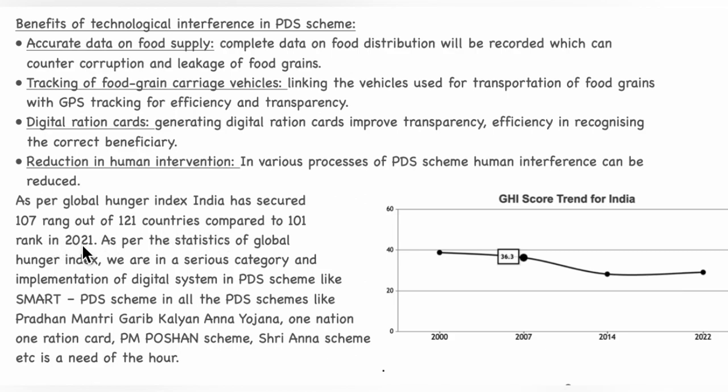So as per the statistics of the Global Hunger Index, we are in a serious category, and implementation of a digital system in the PDS scheme, like Smart PDS, and in all the other schemes like Pradhan Mantri Garib Kalyan Anna Yojana, One Nation One Ration Card, PM Poshan scheme, Shri Anna scheme, etc., is the need of the hour.